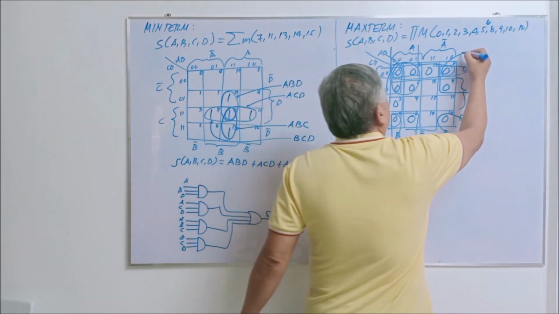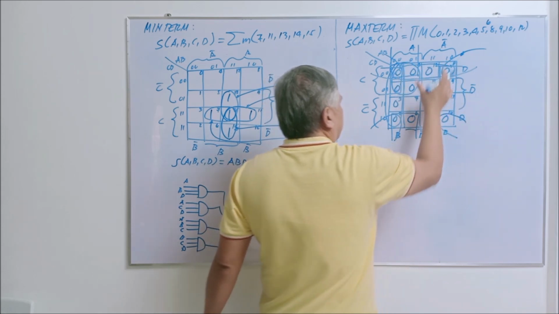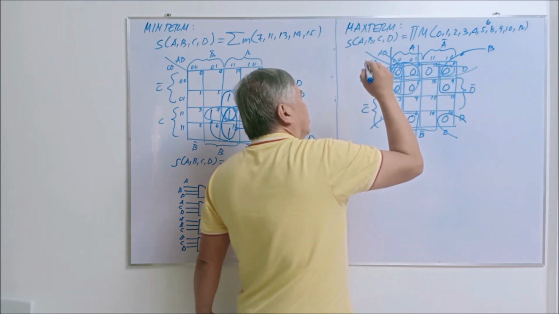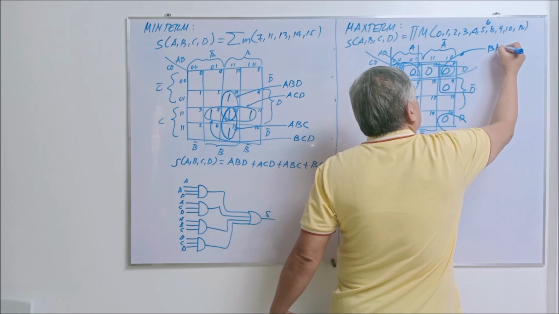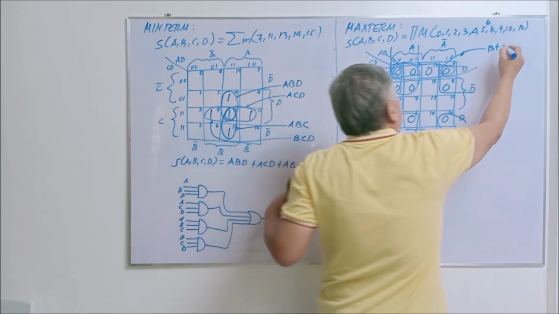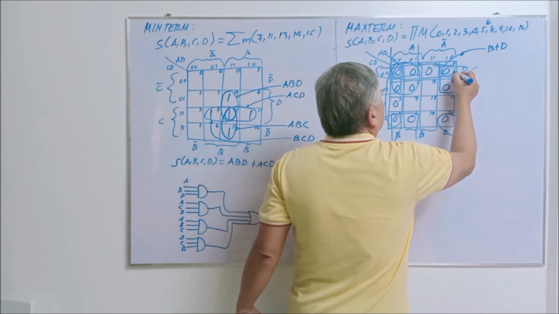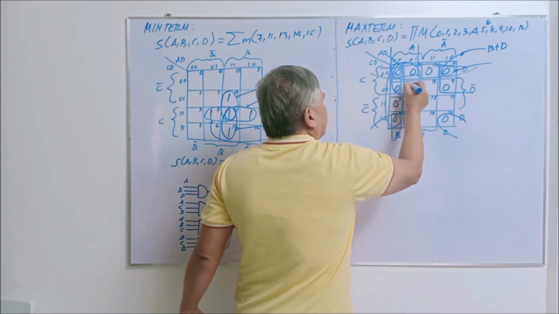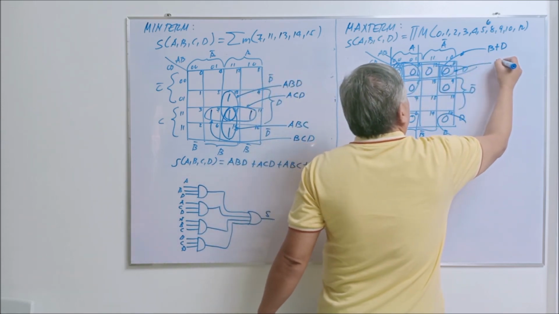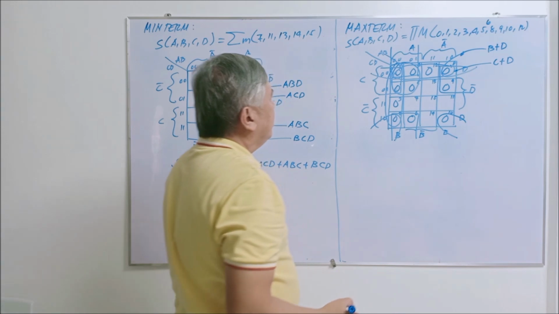Okay, so for this one, the cells in the corner at 1. So this is under what? B. Remember, this is product of sum expression. So plus B plus D. Okay? Then, this one here, the longer one or the line, this group, this is under C plus D. Okay?